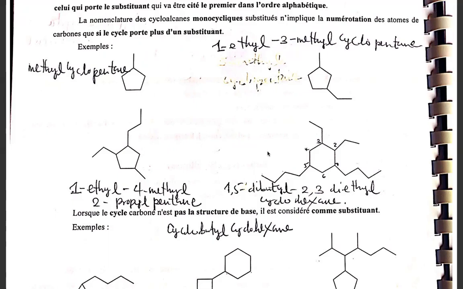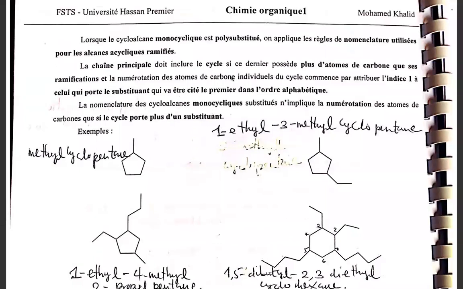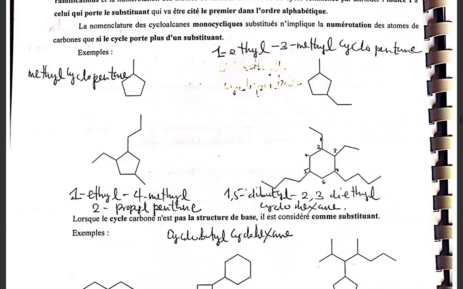So the cycle will always be the principal chain of the compound, even though when you count like that, it goes, wow, it's long. No, the principal chain will be this cycle you are seeing here.